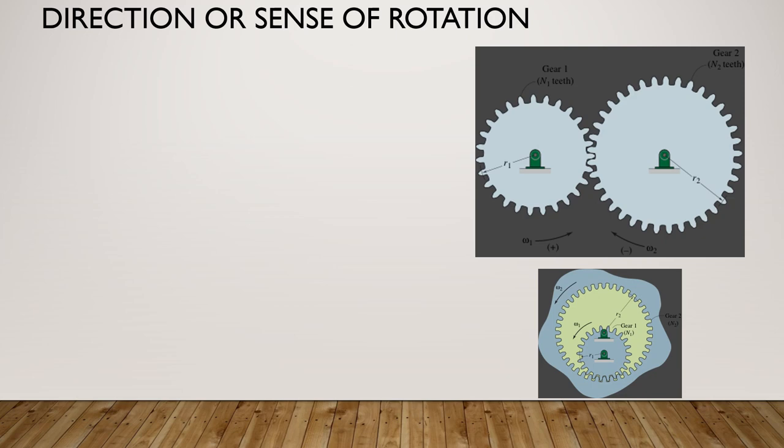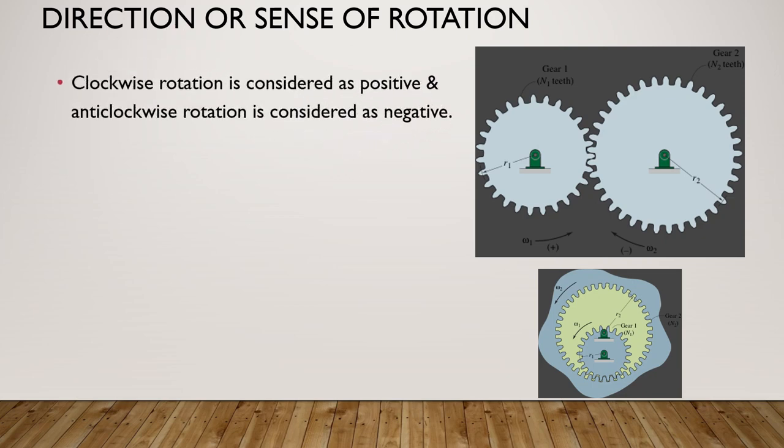Based on how the rotation takes place, we denote this in terms of positive and negative sign. There are certain rules which are preset and have to be considered before writing the train value and velocity ratio. First one here is that clockwise rotation is considered positive and anti-clockwise is considered negative.